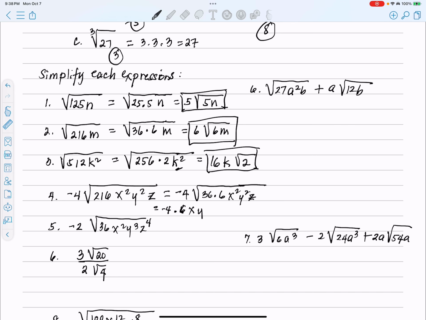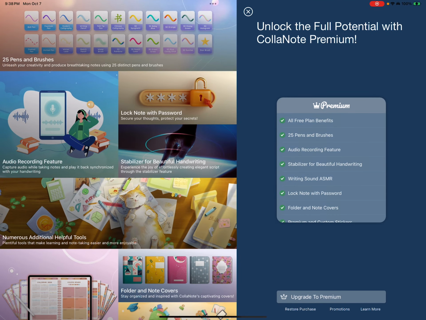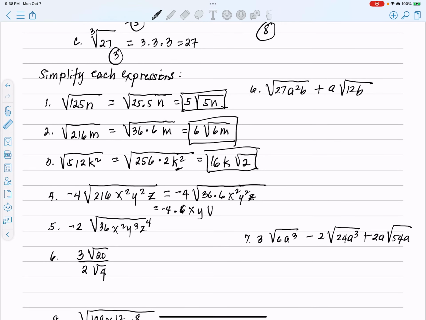And what is left inside the radical sign is 6 and z. So our answer would be negative 24 xy square root of 6z.